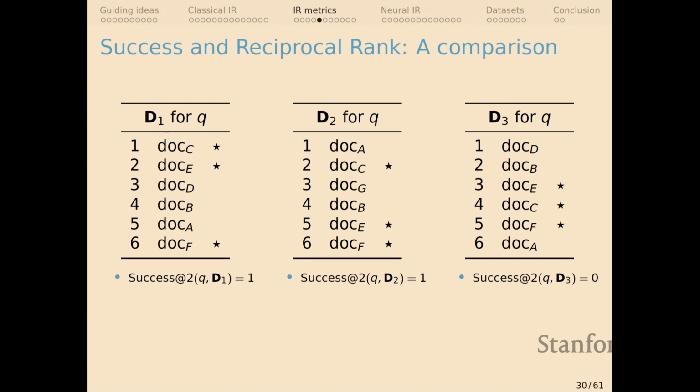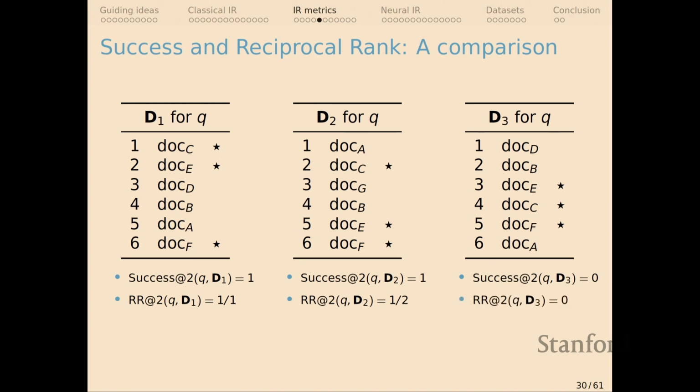Reciprocal rank is a little bit better in the sense that it's more or less just registering whether there's a star at or above K, except now we are sensitive to the top most ranked one. So for example, D1 here has an RR at 2 of 1 because there is a star in first place. Whereas D2 has 1 over 2 because the first star is in second place.